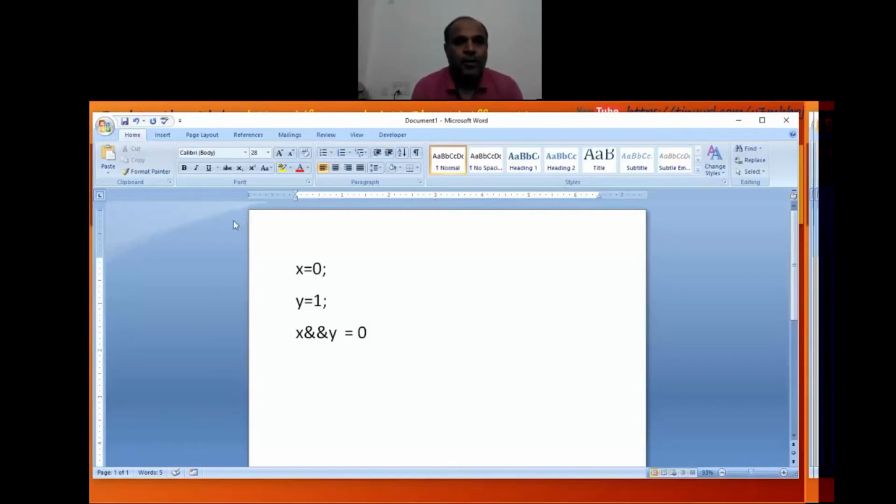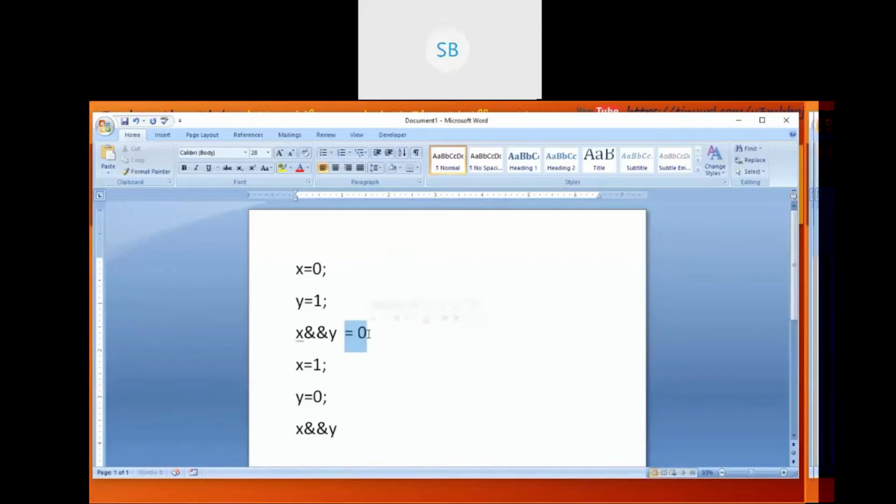If I do the reverse, x equal to 1 and y equal to 0, what will be the answer? This also will be 0.